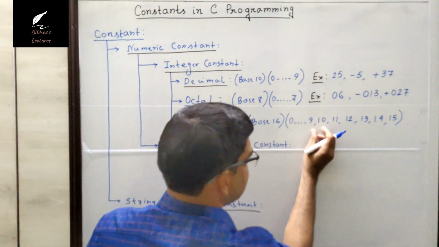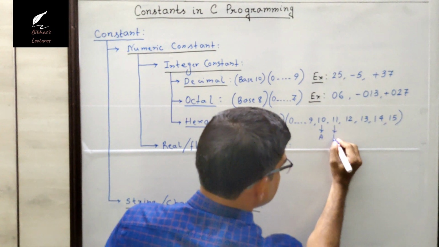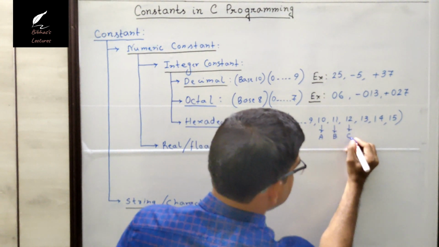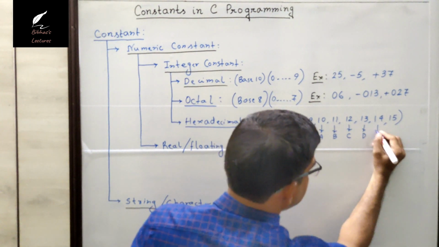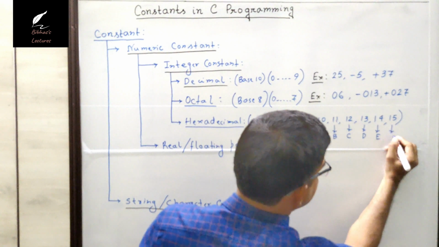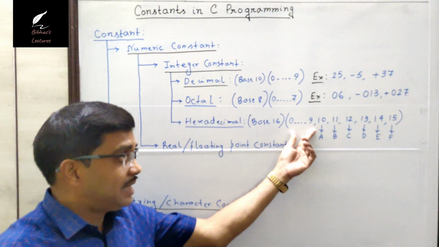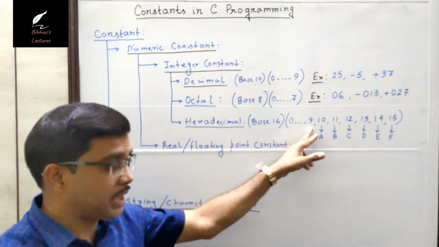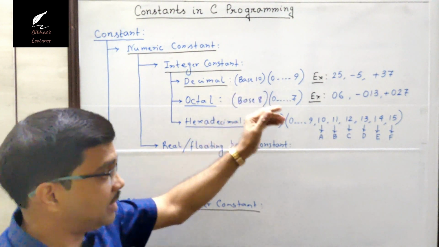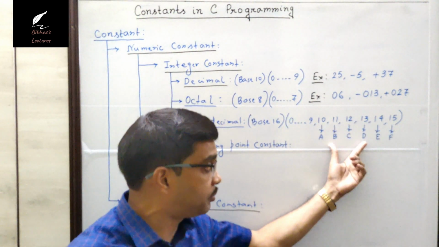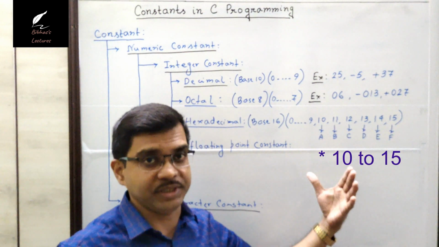So 10 is represented by capital A, 11 will be represented by capital B, then 12 by capital C, 13 by capital D, 14 by capital E, and 15, the last number, will be represented by capital F. So these are the 16 different numbers. 0 to 9, the first 10 numbers, are exactly the same as those of the decimal number system, and the rest 6 numbers from 10 to 15 will be represented by capital A, B, C, D, E and F respectively.